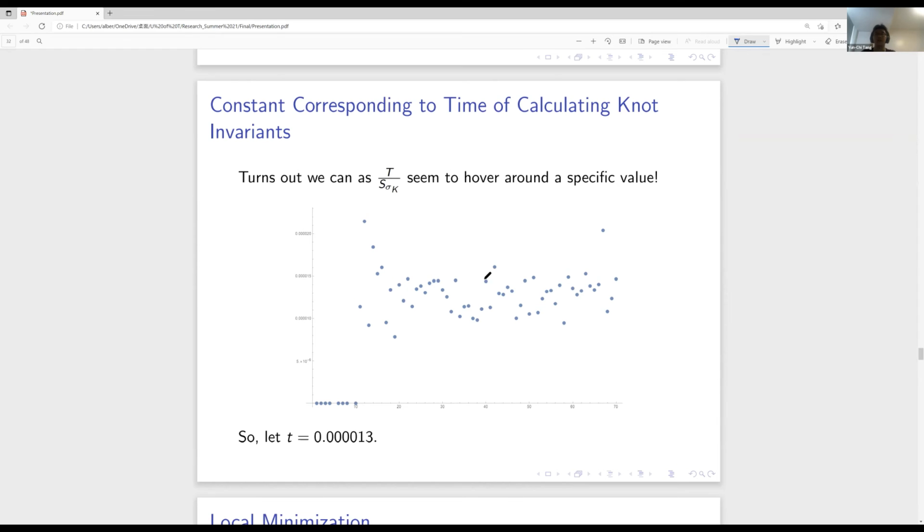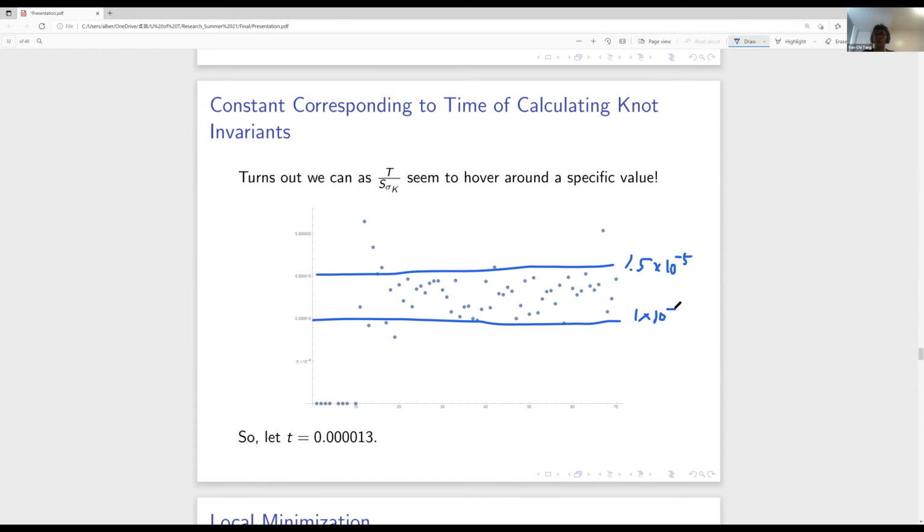And as you can see, surprisingly, the numbers all hover somewhere around 0.00015. So I'm going to write it because it is kind of small. So 1.5 times 10 to the negative 5. And then the lower bound seems to be bounded by like 1 times 10 to the negative 5.